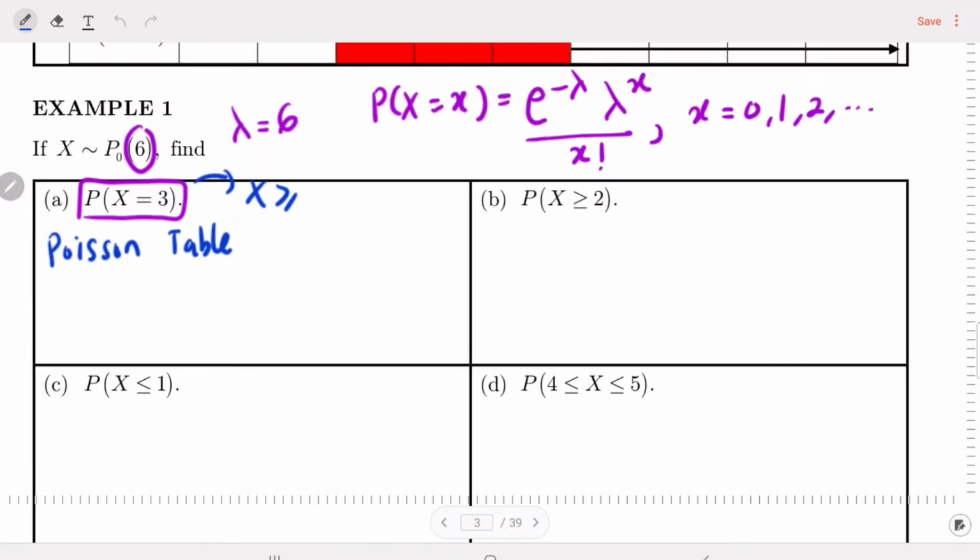So P(X = 3) is equal to the probability X greater than or equal to 3 minus the probability X greater than or equal to 4. Now we're going to learn how to use the Poisson table to find these.